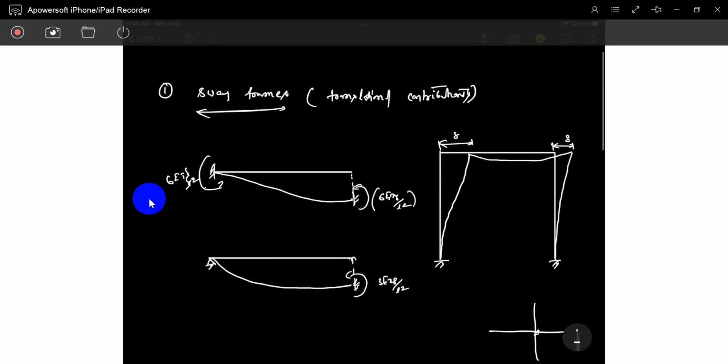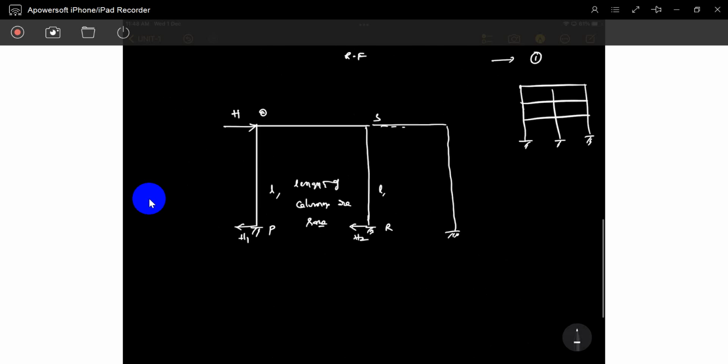Okay, so like this. Maybe the total shear in the story is H. So the reactions are H1, H2, H3, maybe it's PQ, RS, TU.